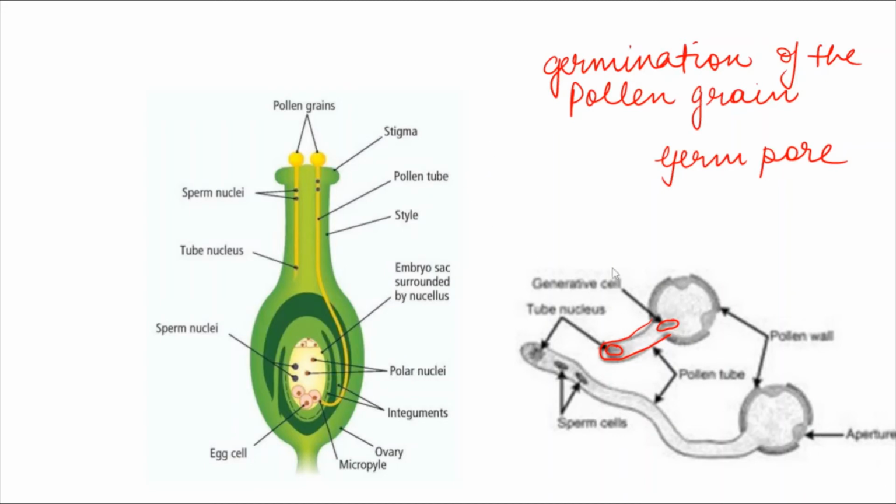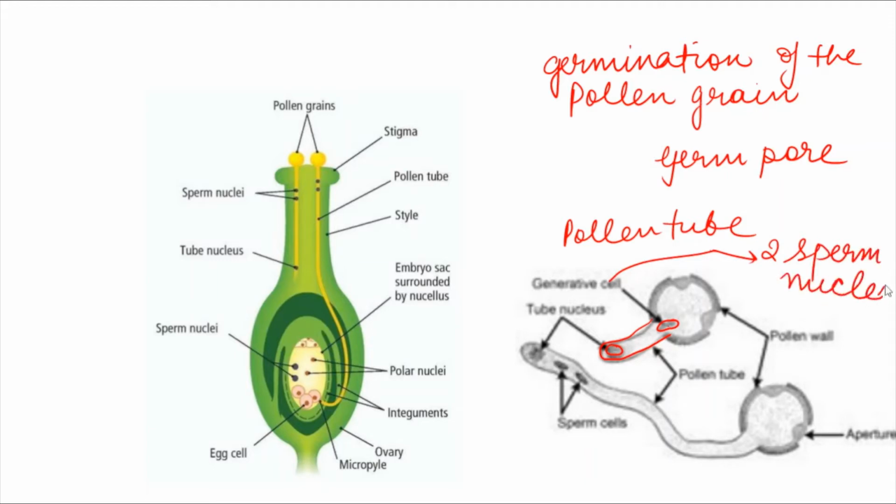As soon as the pollen tube starts forming, both nuclei start shifting inside the pollen tube. So this is the generative cell and the tube nucleus. Next, you can see that this pollen tube elongates further, and the generative cell, which contains a nucleus, its nucleus splits into two sperm nuclei.